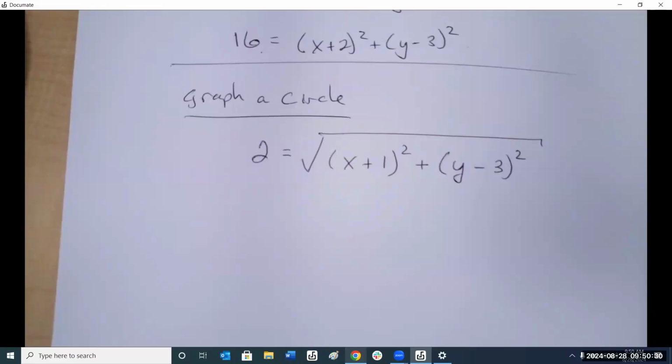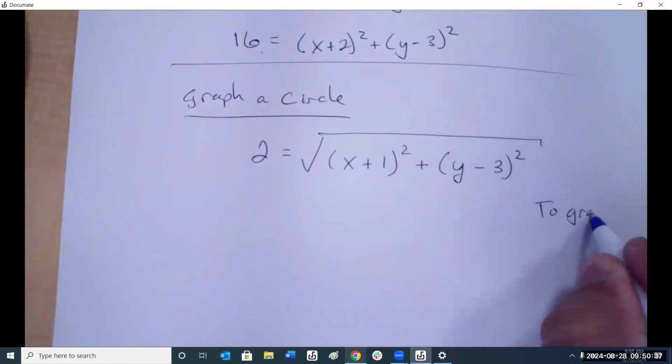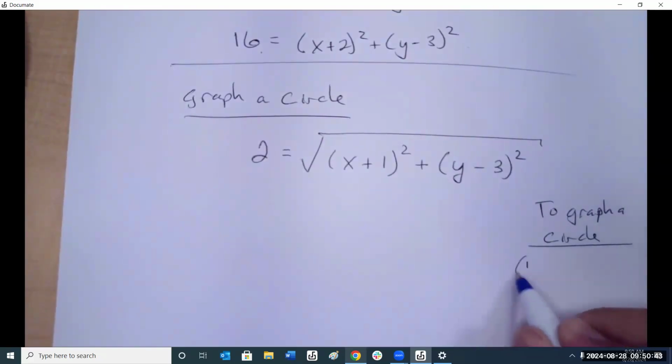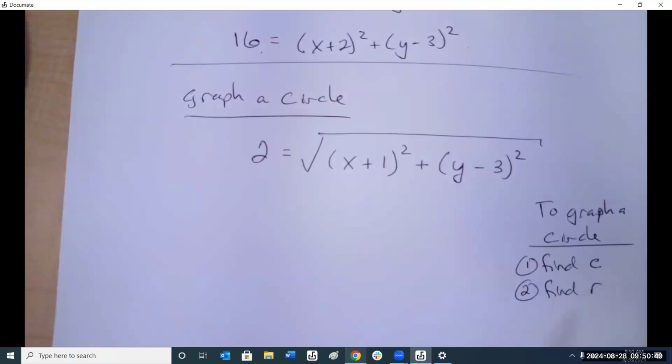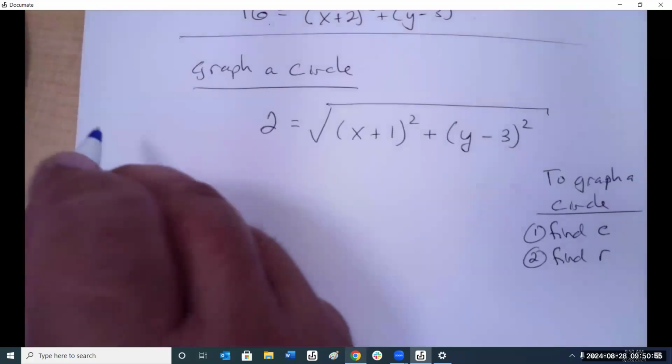You know the center and the radius. So what is our r?